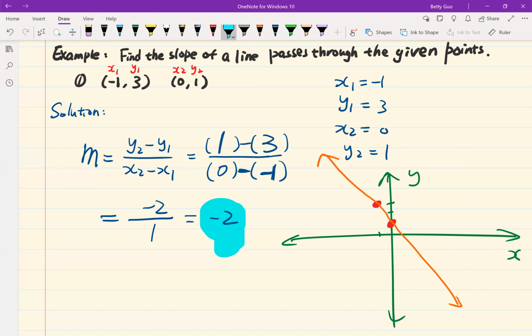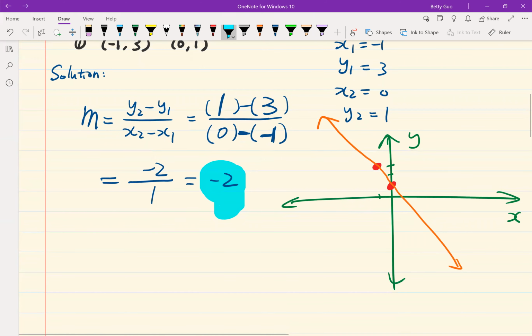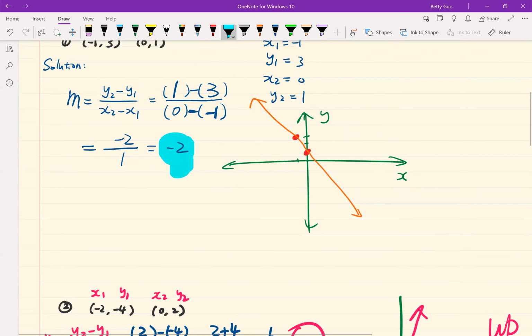Can you have that result in your note? If the slope is negative, then the line goes down. Vice versa, if the straight line goes down, then the slope is negative. Okay? That's the first conclusion.